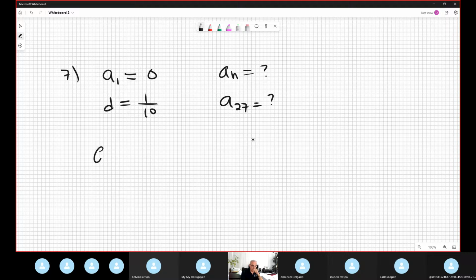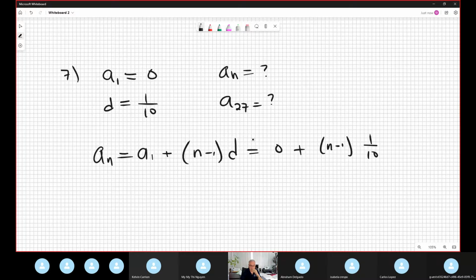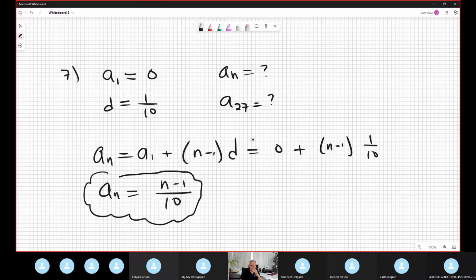Okay, so the formula is a_n equals a1 plus (n minus 1)d. a1 is 0 plus (n minus 1), and d is 1/10. So my formula is a_n equals (n minus 1) divided by 10, if I want to express it more elegantly. And for 27, let's do it. a_27 is 27 minus 1 divided by 10.